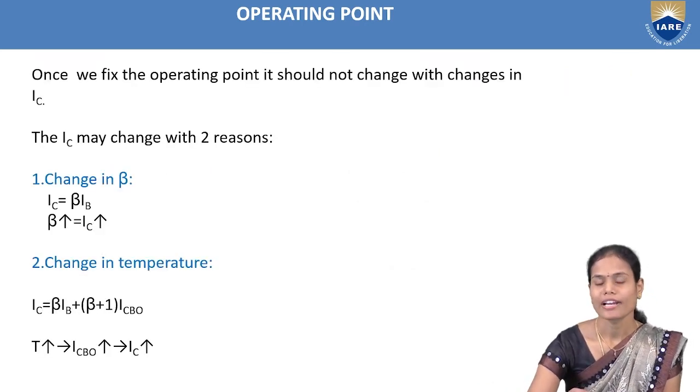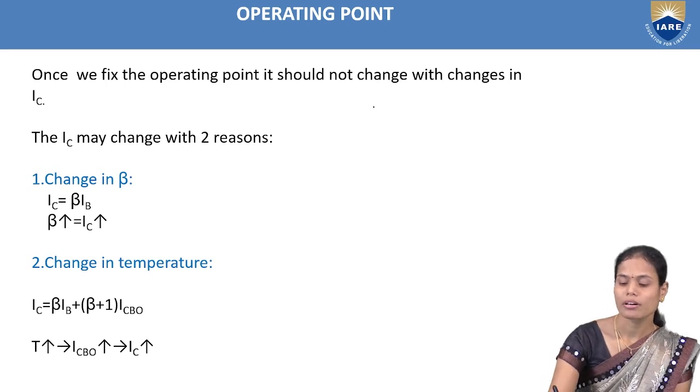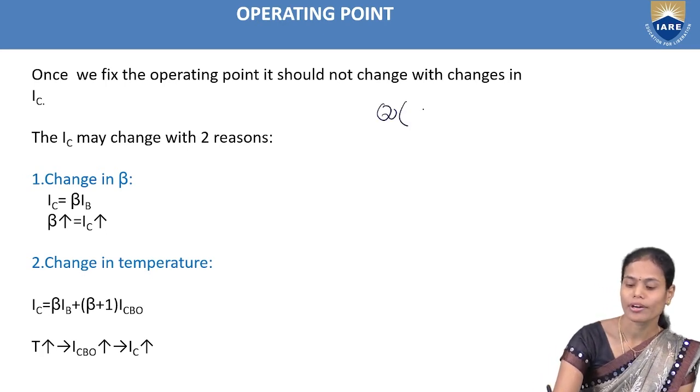Actually, once we fix the operating point, it should not change with any variations. But here the collector current value is varying. Why? Because the operating point has VCE and IC.